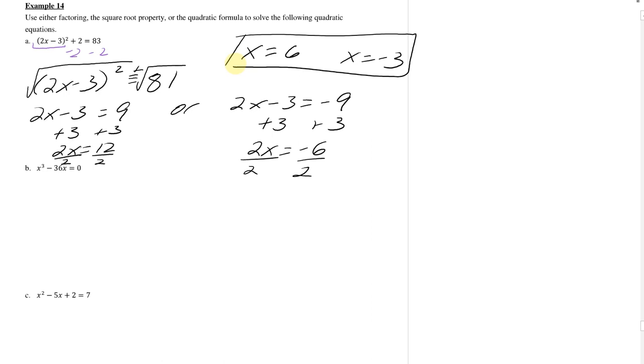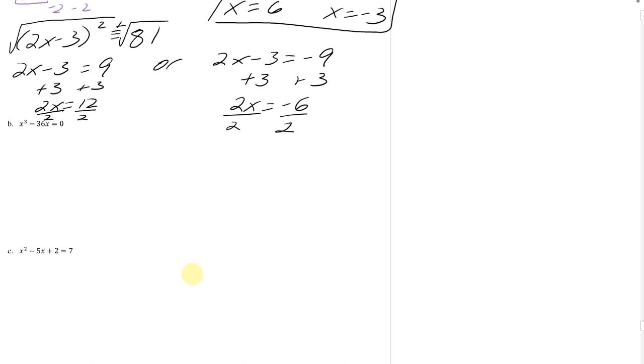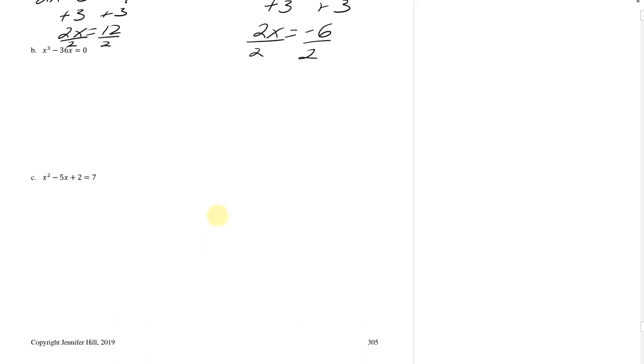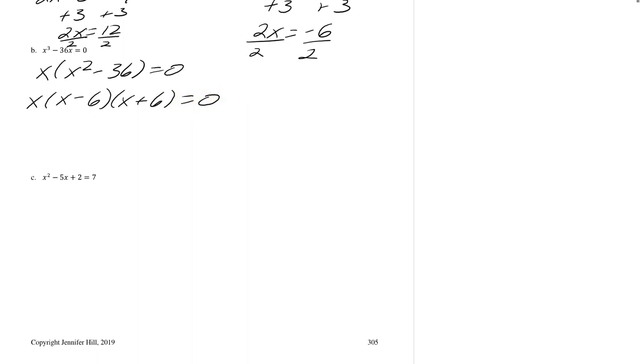Okay, so now looking at b, so this has a GCF, so actually I can factor x out first. And then I can factor this a little bit farther. So now I have 3 solutions. So this is a little bit different, but it's still the same idea.